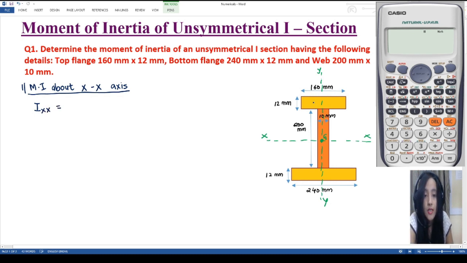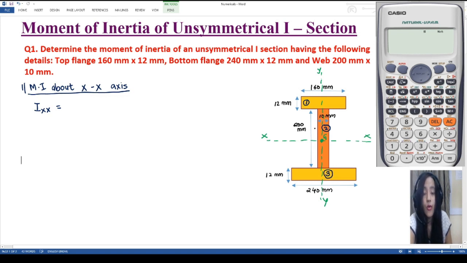Before we start, let us divide this section into three sections. Let the top flange be the first section, number 1, the web portion the second, and the bottom flange the third section.